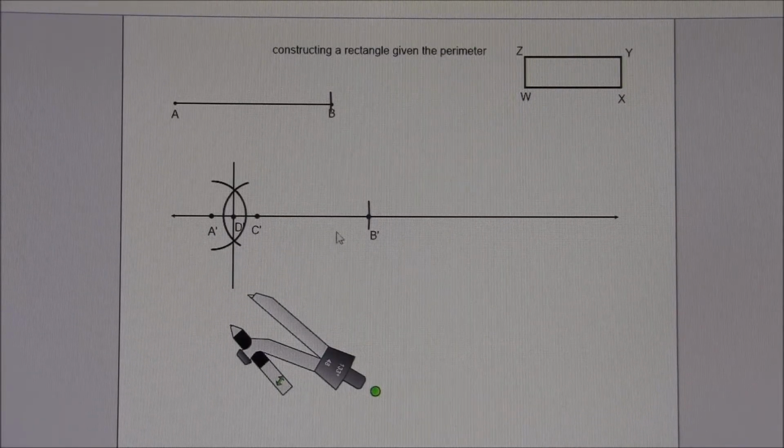C prime B prime is the distance WX and ZY together, the top and the bottom. So I have to bisect that one such that I can get one side. So let's bisect it.